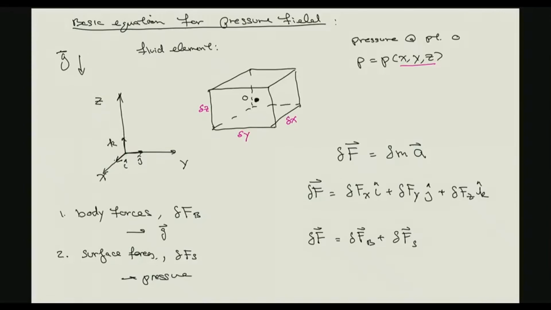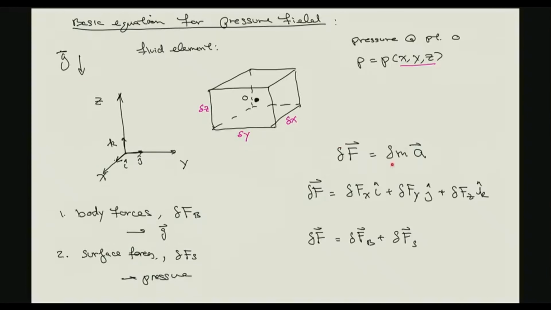And we can consider an infinitesimal force, delta F, or the infinitesimal resultant force on this fluid element. And that's, we can consider the basic equation by Newton's second law, delta F equals delta m times a.